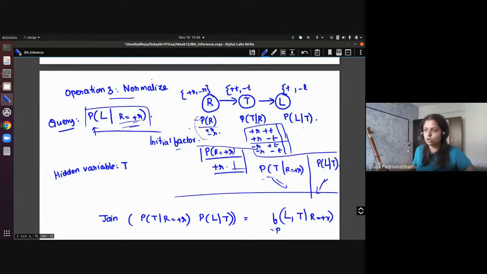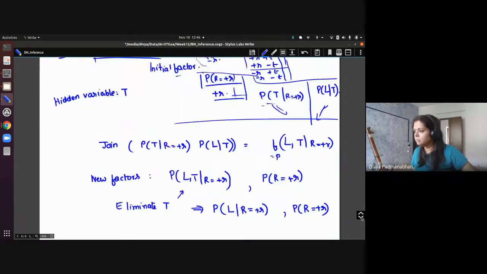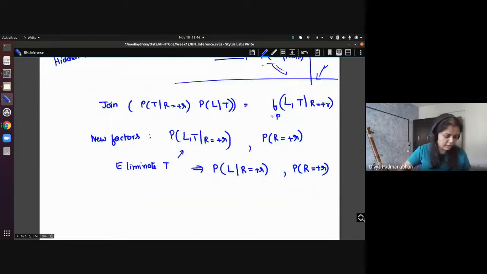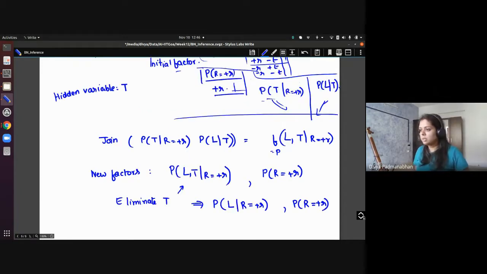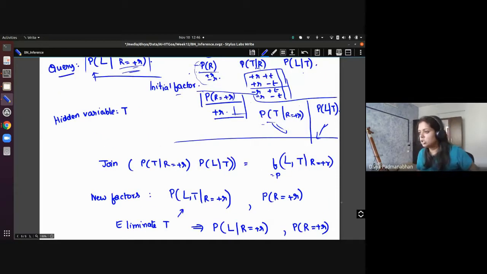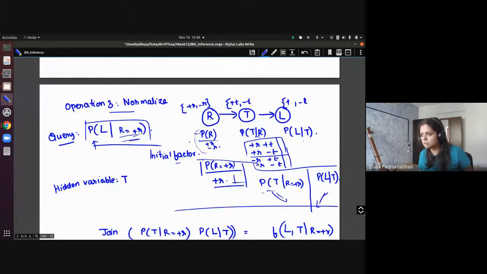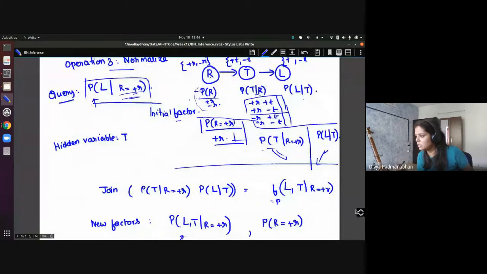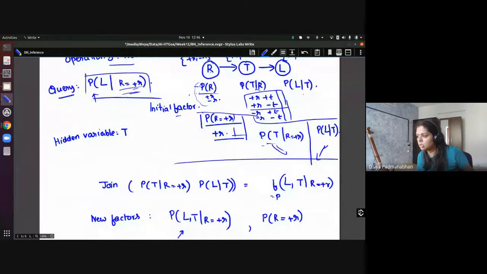So I think I should go for another example. Let me just do that. I think the particular set of operations we did is what caused this. Just give me a second, let me check.